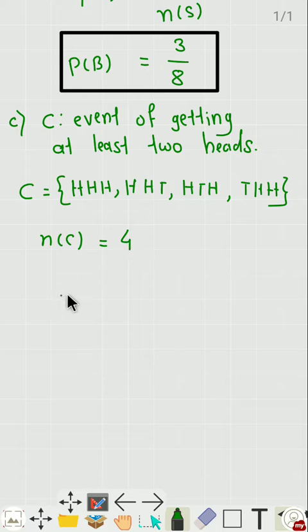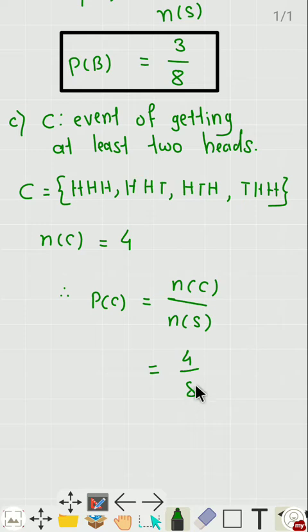Therefore, we can write the probability of event C equal to n of C divided by n of S. Okay, so n of C is 4, n of S is 8, and it is 1 upon 8. Therefore, the probability of event C is 1 upon 8.